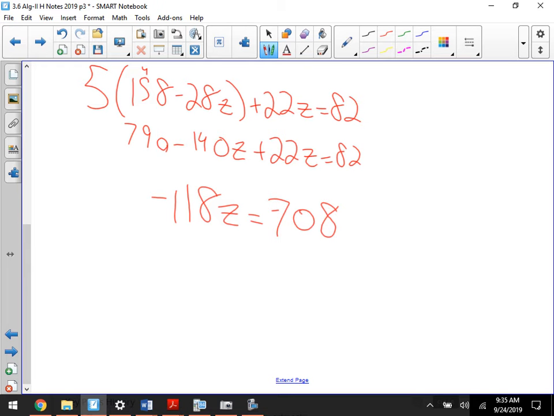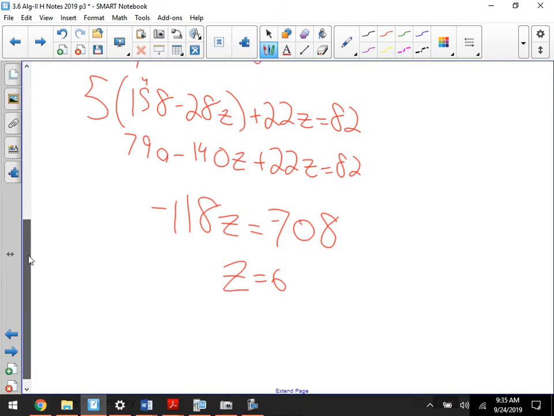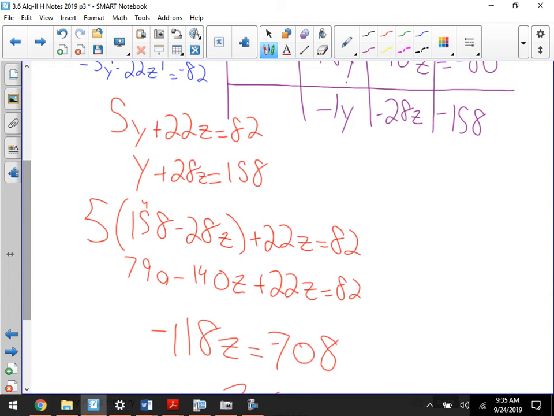Then from there, z equals 6. So if that's 6, 28 times 6 would be, what is that? 86 times 6. 168.